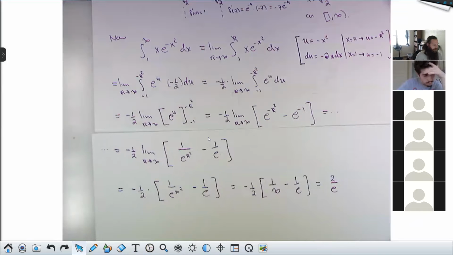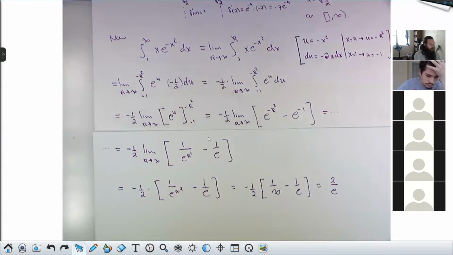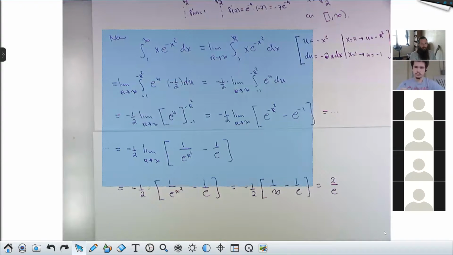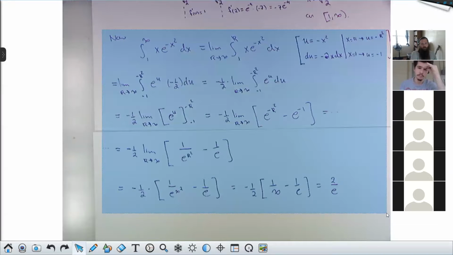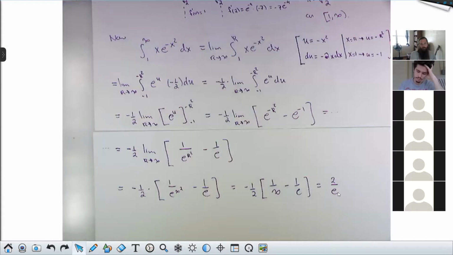Therefore, what is true? Let's go one thing at a time. Pretend like we're working just from here, like this had nothing to do with anything else. What have we shown in the blue highlighted space here? The integral converges.